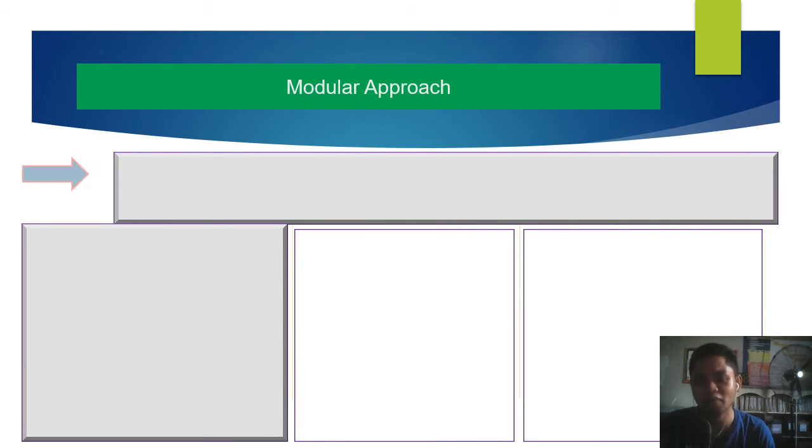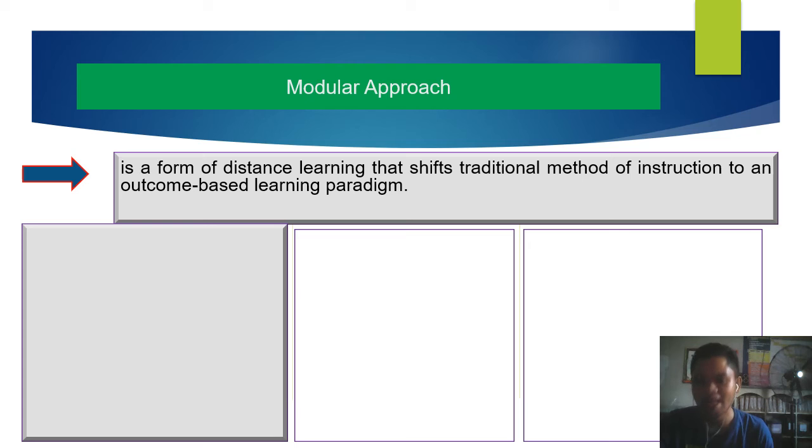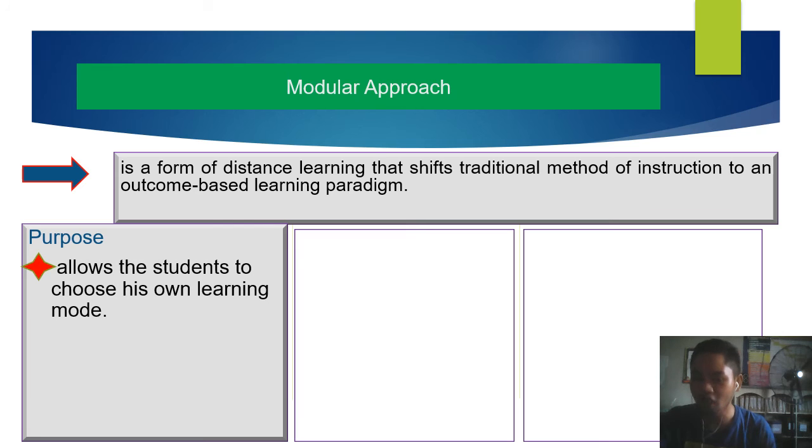Then next we have the modular approach. It's a form of distance learning that shifts the traditional method of instruction to an outcome-based learning paradigm. The purposes of the modular approach are, first, it allows the students to choose their own learning mode, which is true, in that in the modular approach, students are given free will on where and what time they will be able to learn.